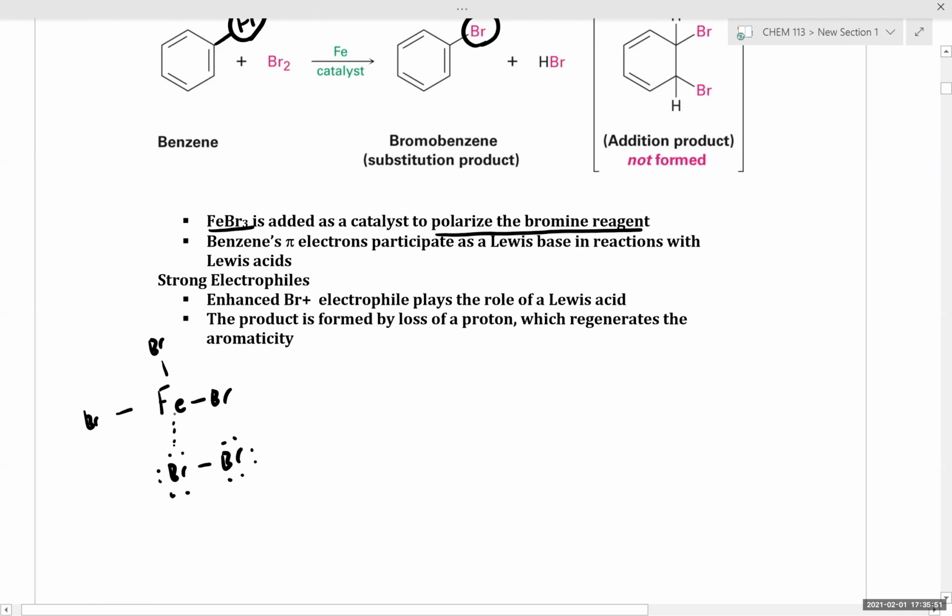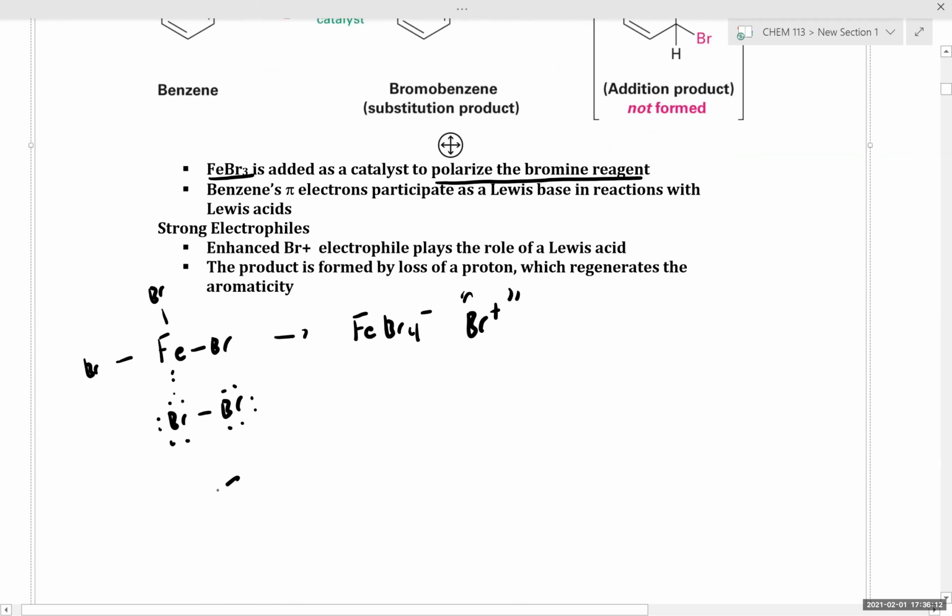We end up with coordination. And in turn, we end up with a functional equivalent of this iron tetrabromide anion and a Br plus equivalent. This is a very reactive electrophile. And as we've generated a pretty reactive electrophile, our benzene pi electrons are going to function as our nucleophile, and they're going to attack this Br plus equivalent.